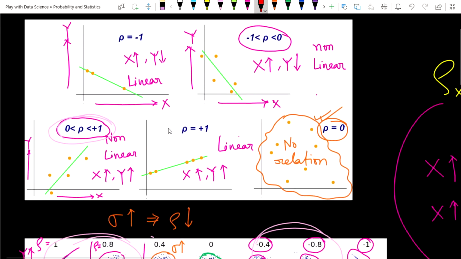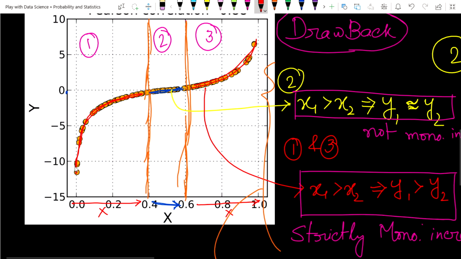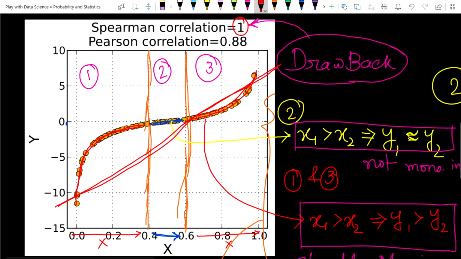If we got +1, then we can easily conclude that it's lying on a line. But see the data set. These data sets are not lying on a line. But the Spearman correlation coefficient value that we got is 1.